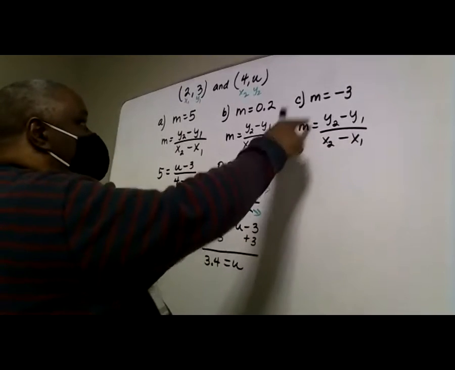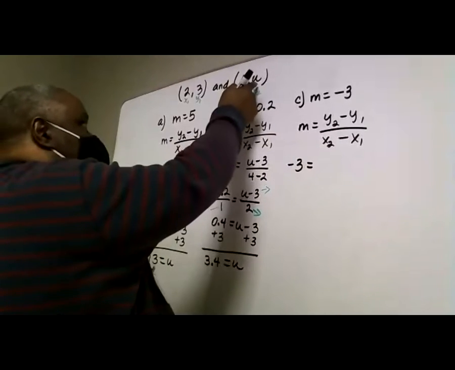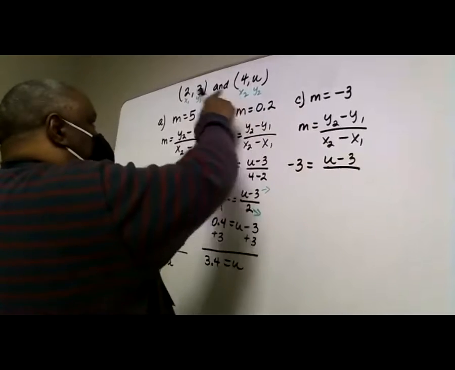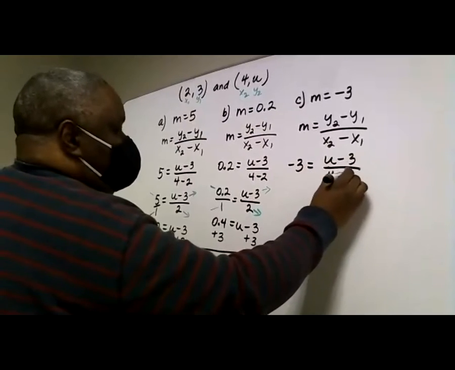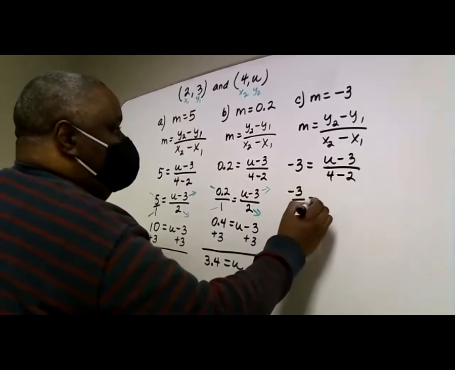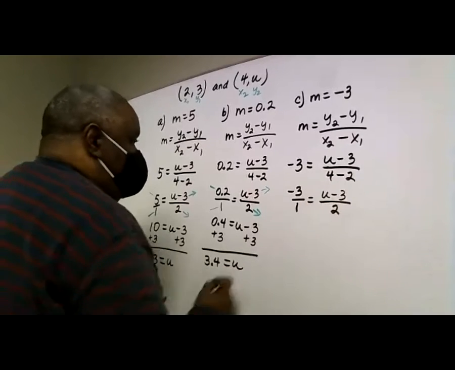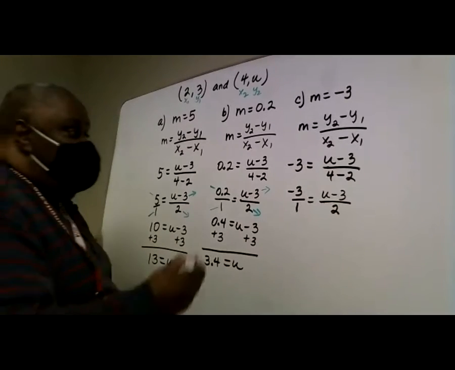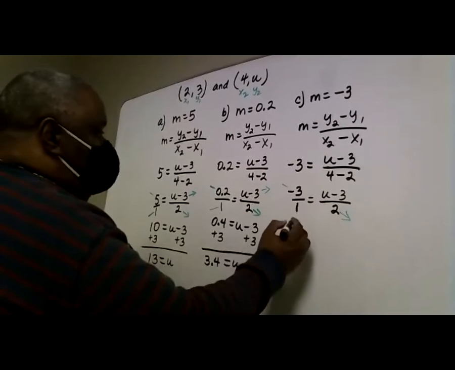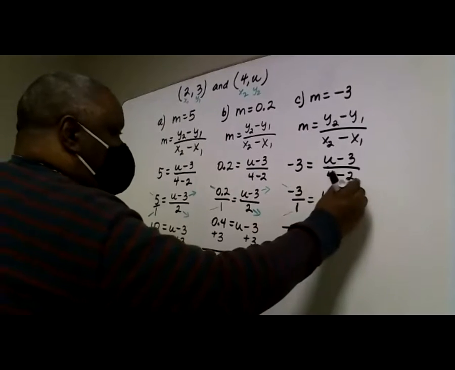So here m, that's negative 3, equals y2 minus y1, u minus 3, divided by x2 minus x1, 4 minus 2. I'm going to put that negative 3 over 1, and that's equal to u minus 3, divided by 4 minus 2, that's going to be 2. And here I cross multiply. Negative 3 times 2 will be negative 6, equals 1 times u minus 3 will be u minus 3.